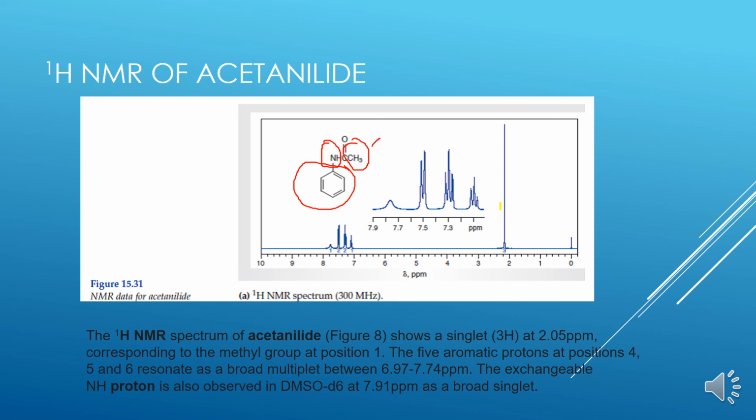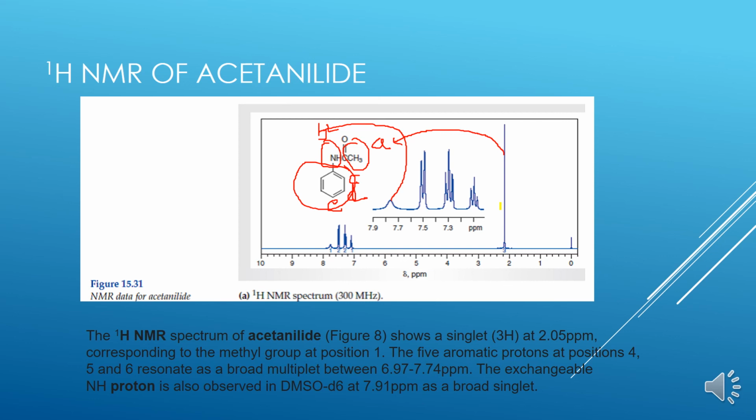This is labeled as A. This is B. Aromatic protons are labeled C, D, and E. Ortho protons are C, meta protons are D, para protons are E. So this broad peak is for NH. This shielded peak is for methyl, and the remaining are the aromatic ones.